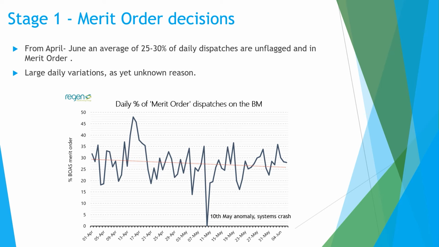Just briefly on merit order decisions, so that's around 25 to 30% of daily dispatches are unflagged and in merit order, so purely economic decisions. So this is an important metric for participants in the grid. In the mechanism, they want to see the cheapest asset being dispatched as much as possible, a healthy functioning market. So there's large daily variations in this percent of merit order decisions, which would be something interesting to look into, but for another day.